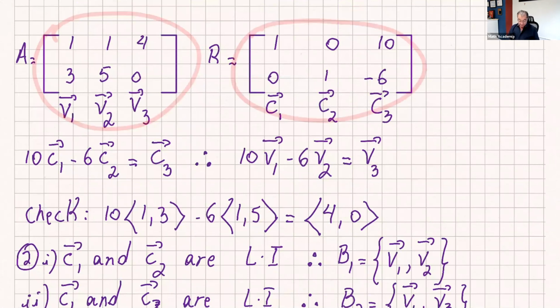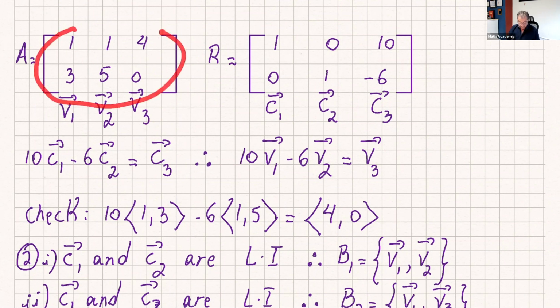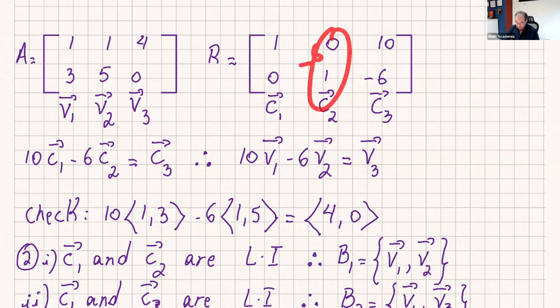Now, put both matrices, the original matrix A and its RREF, next to each other. We know for sure one of the vectors can be written as a linear combination of the others, because we have three vectors in R2, but it's not obvious when you look at A itself. However, looking at the RREF makes that very easy. We can see clearly that C3 can be written as 10 times C1 minus 6 times C2, because you have 10 and 6 here.